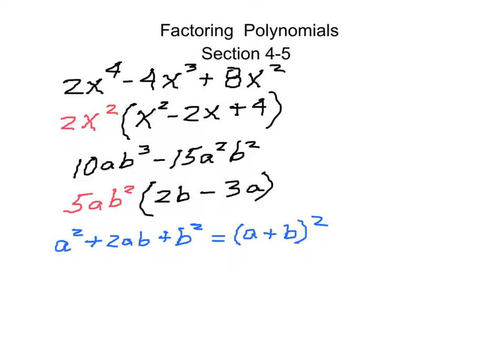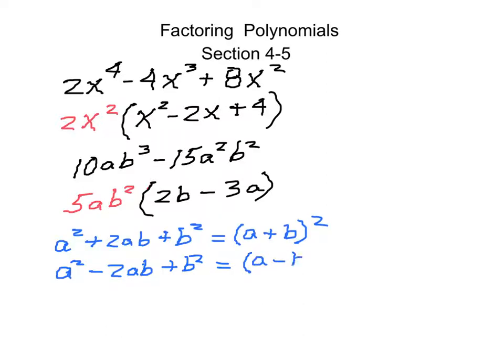Similarly, if something looks like this, very similar, just a sign change, say I've got a squared minus 2ab plus b squared, that is equal to a minus b quantity squared.